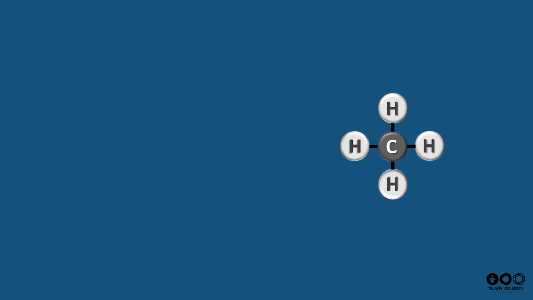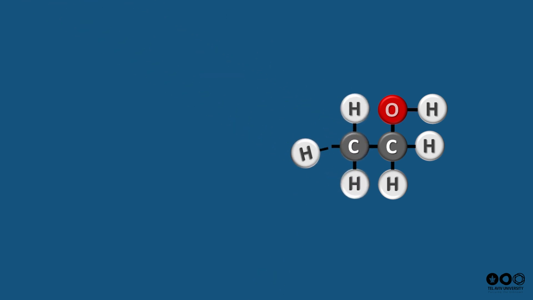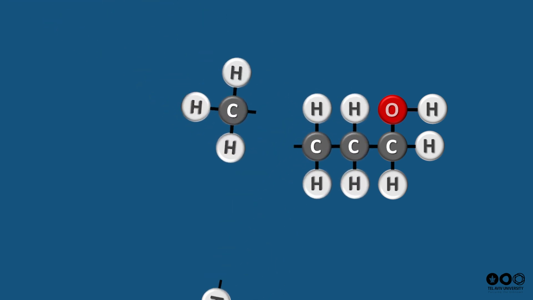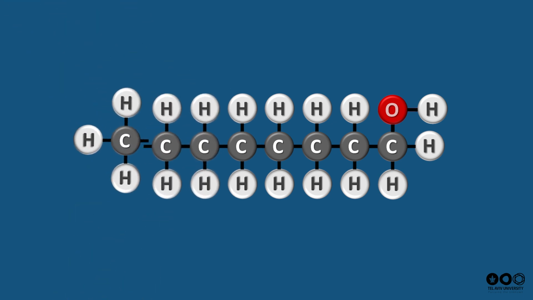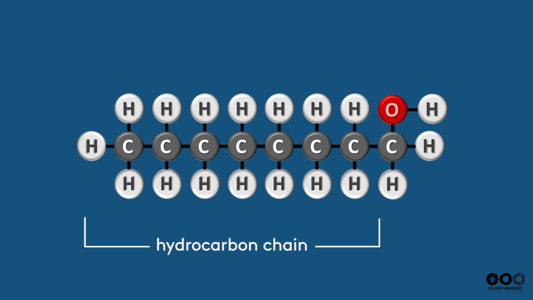As hydroxyl groups are added to organic molecules, they become more and more hydrophilic. However, if we extend the chains of carbons and hydrogens, hydrocarbon chains, the molecule becomes more hydrophobic. Some molecules are a bit schizophrenic in that they contain both hydrophilic and hydrophobic parts.